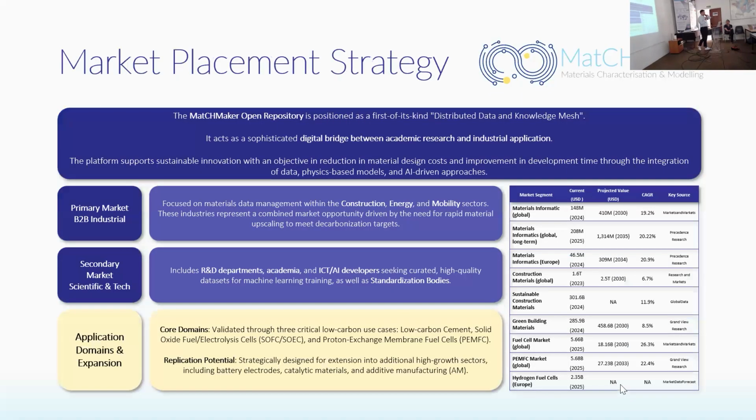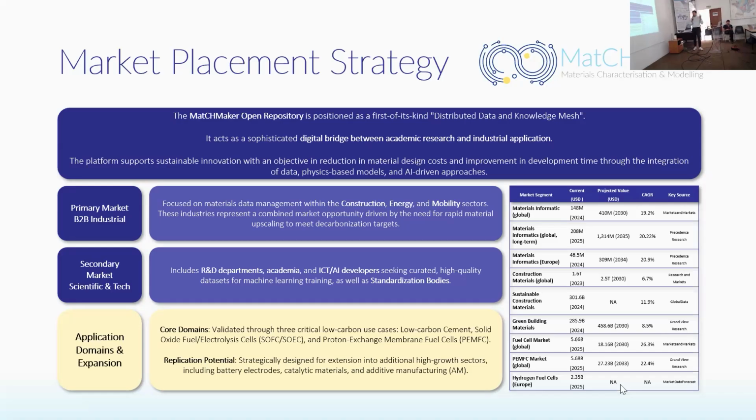Just to give context again of MatCHMaker, the MatCHMaker open repository is positioned as a first-of-its-kind distributed data and knowledge mesh. And here it acts as a digital bridge between academic research and industrial application. This was the concept, and the value proposition was the one related to sustainable innovation.